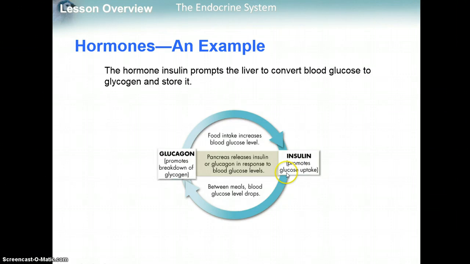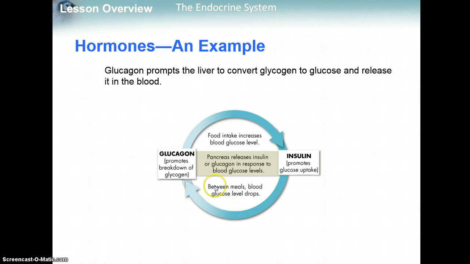So you had lunch, you're sitting around, you haven't eaten in a while, so between meals your blood glucose level drops. Here's when glucagon prompts the liver to convert glycogen to glucose and release it into the blood. Your glucose level in your blood drops, and you may start to feel tired here.